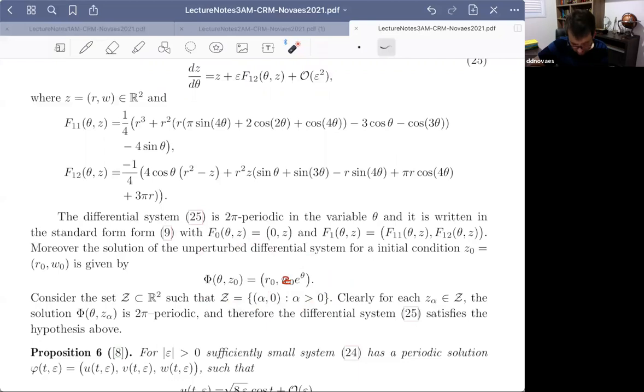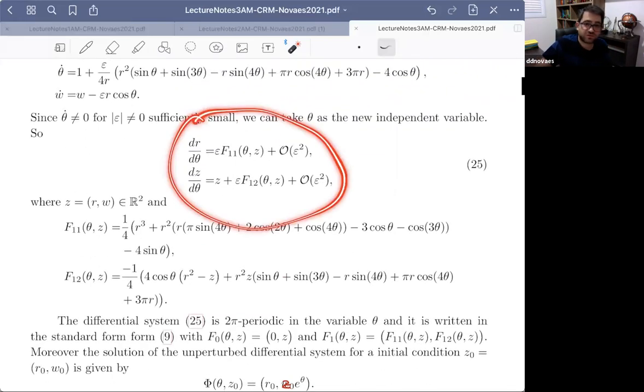Okay, so if we take z0 equal to 0, then this function is constant, r0, 0, that is periodic. So if we consider this manifold, this is a manifold of periodic solutions, actually a manifold of initial conditions that provides periodic solutions of this differential equation.